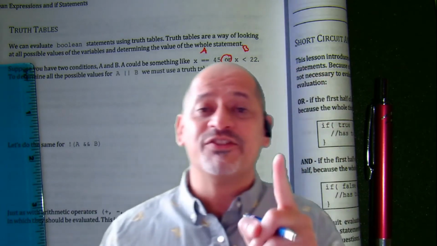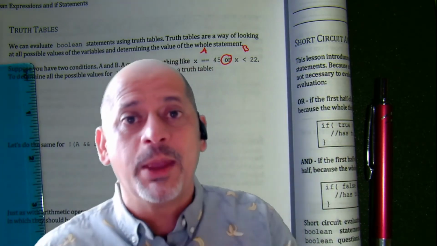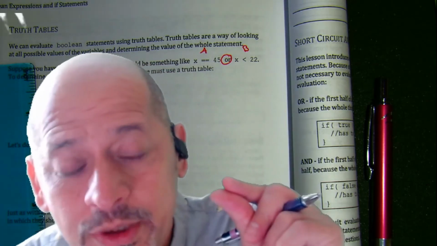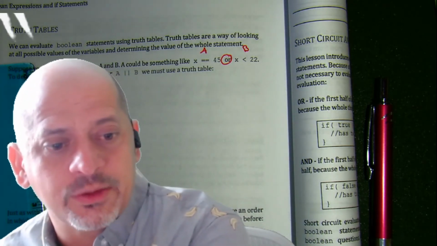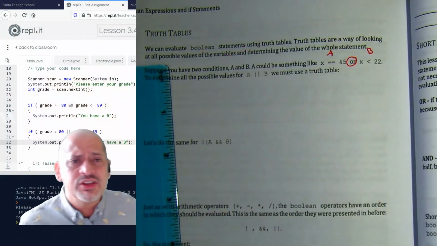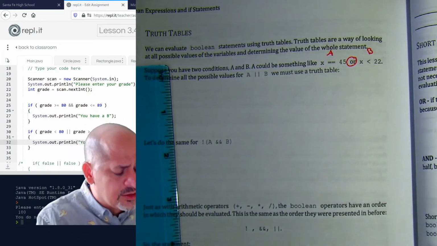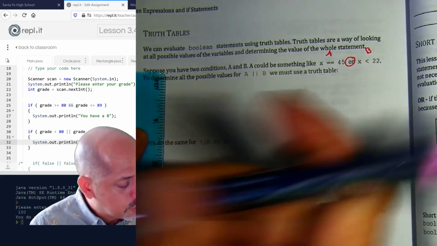And Diaz is going to get very upset because you are going to get those easy questions on your AP exam wrong by refusing to do a little bit of work. So please do a truth table. Even if you think the question is easy, those easy questions are going to be pushing you to a 5. So make sure that you do the work. Do not skip this step. We're going to do a truth table.